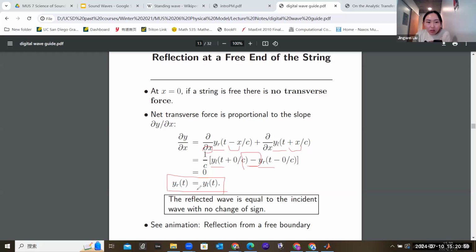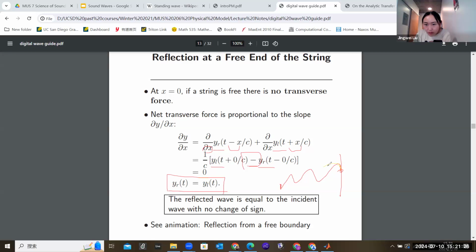This is also the reason why when the wave comes to a free end, it will be reflected but won't change direction. When the wave hits the free end, it will be reflected exactly the same way as it's propagated.